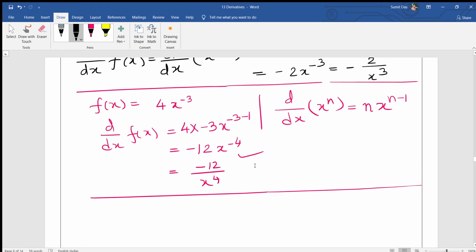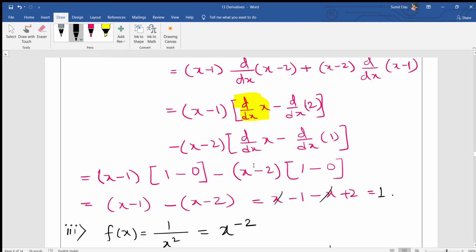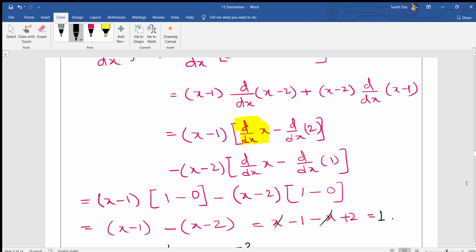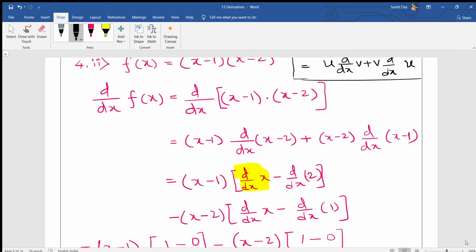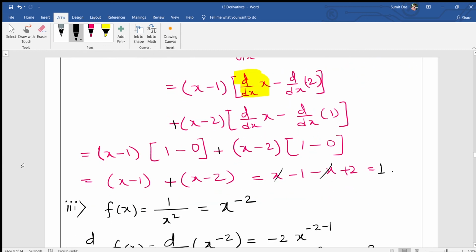Question number 2, I made one mistake. You can see our formula was d/dx of u times v, right? Here I put plus, but by mistake here I put a minus sign. So here it will be plus. This one will be plus, this is also plus, so you have to be careful about these things.